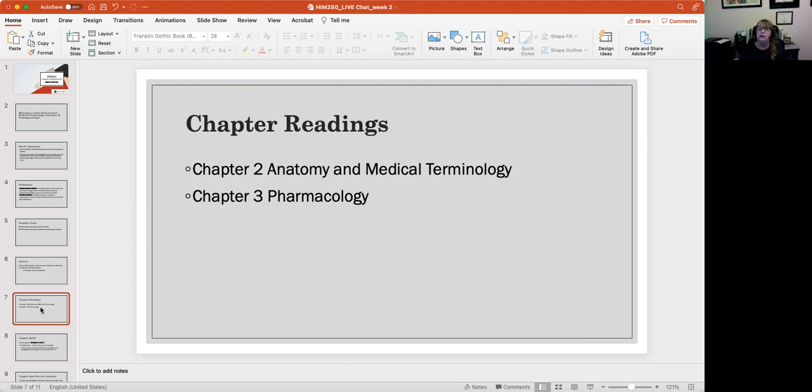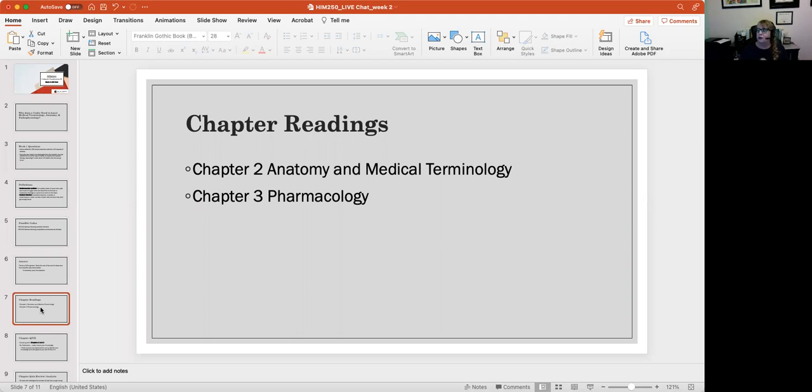So what is really smart for you to do is pull out those textbooks that you had for anatomy, physiology, medical terminology, and pharmacology class. And as you're reading these chapters, use those textbooks from those classes to refresh your memory. What's the difference between the ileum and the ilium?